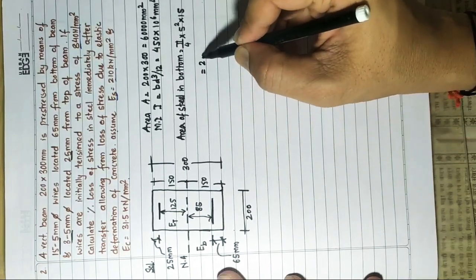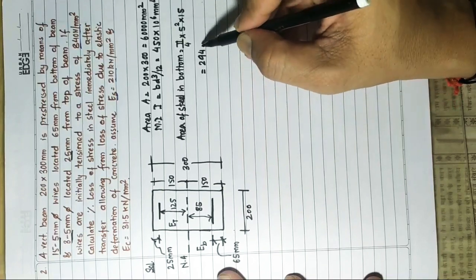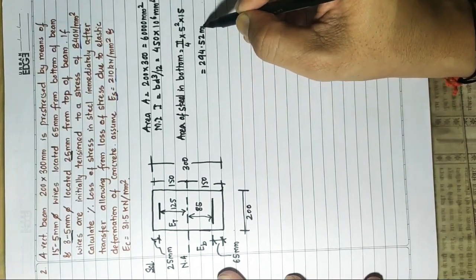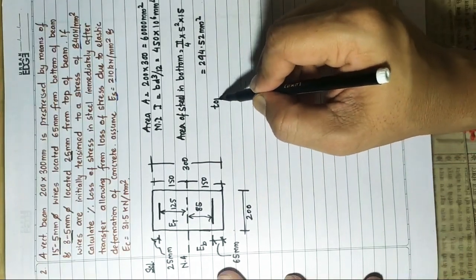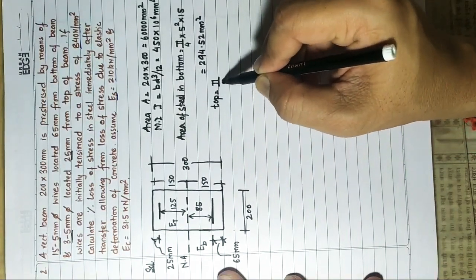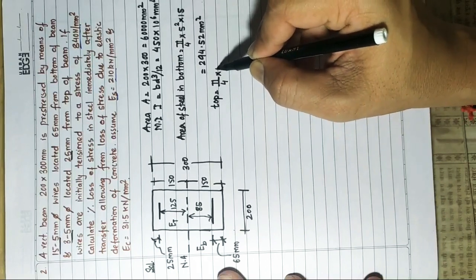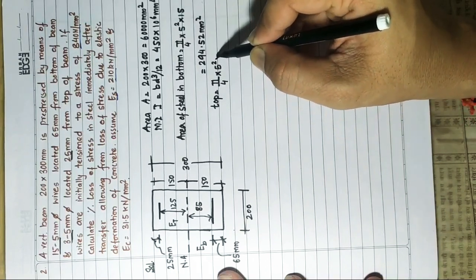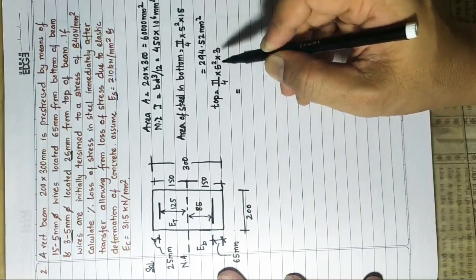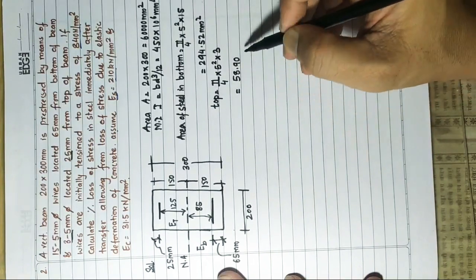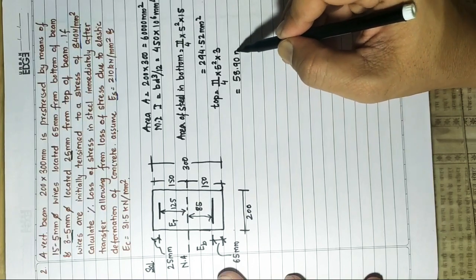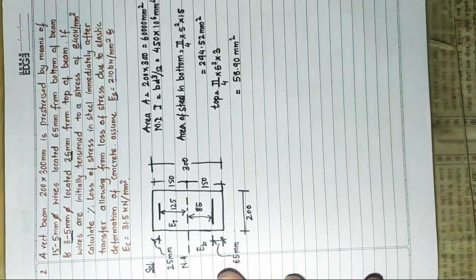This calculation comes out to be 294.52 mm square. And the area of steel at the top, when we calculate pi by 4 into 5 mm square into 3 numbers, we have the total area at the top as 58.90 mm square.